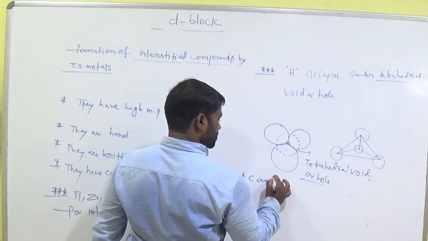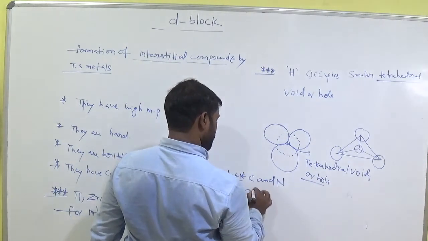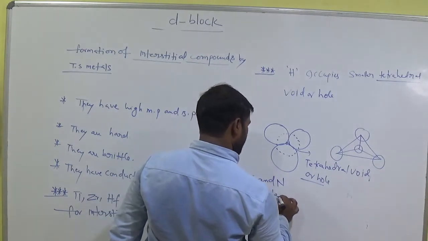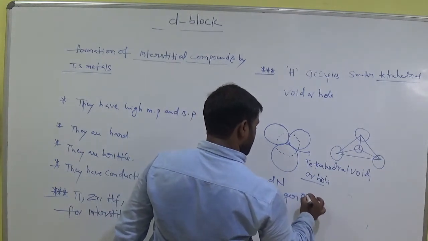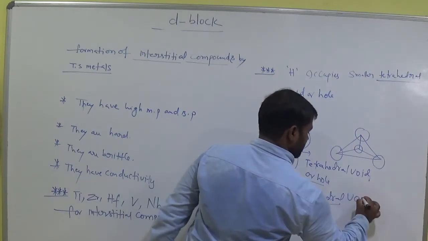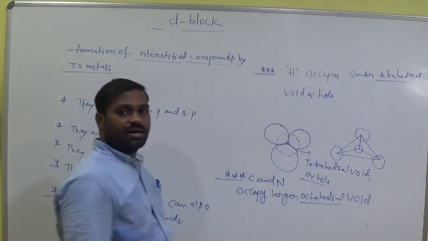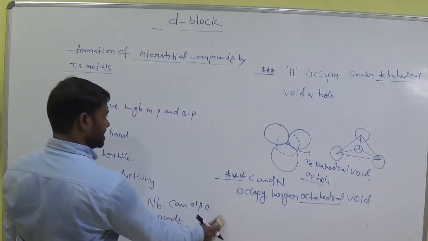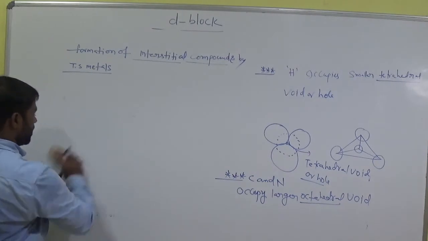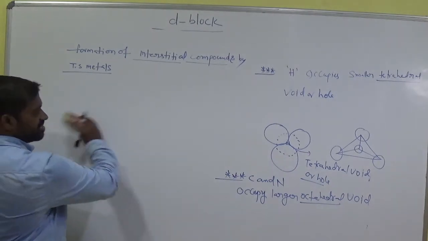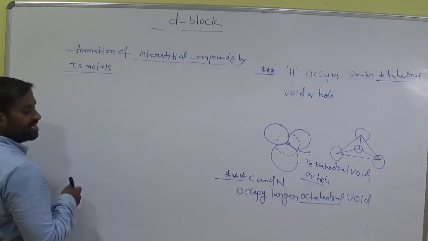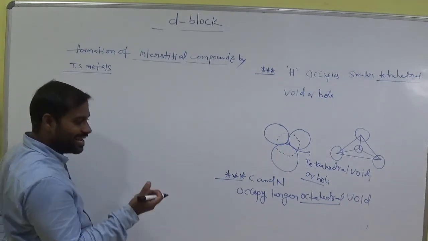Carbon and nitrogen occupy the larger octahedral void. Octahedral void. See the structure. What is an octahedral void? Suppose you want to keep hydrogen, carbon and nitrogen in the interstitial site, which type of holes do they select?